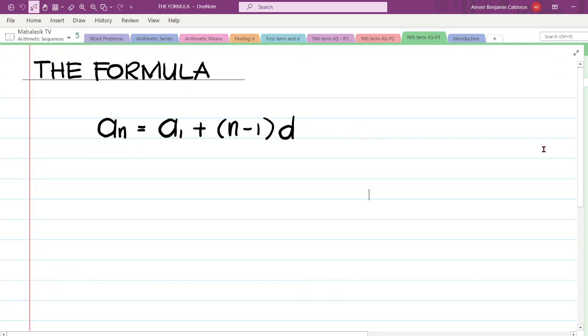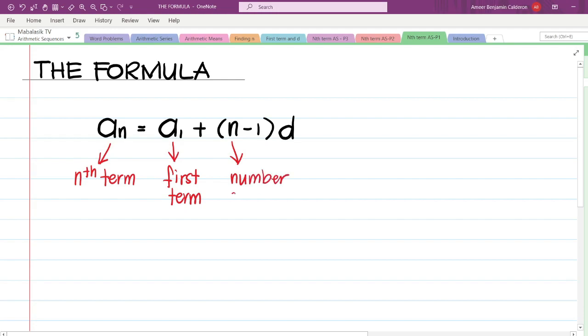So this is the formula for finding the nth term of an arithmetic sequence. a sub n is equal to a sub 1 plus the quantity of n minus 1 times d, where a sub n is the nth term, a sub 1 is the first term, n is the number of terms, and d is the common difference.